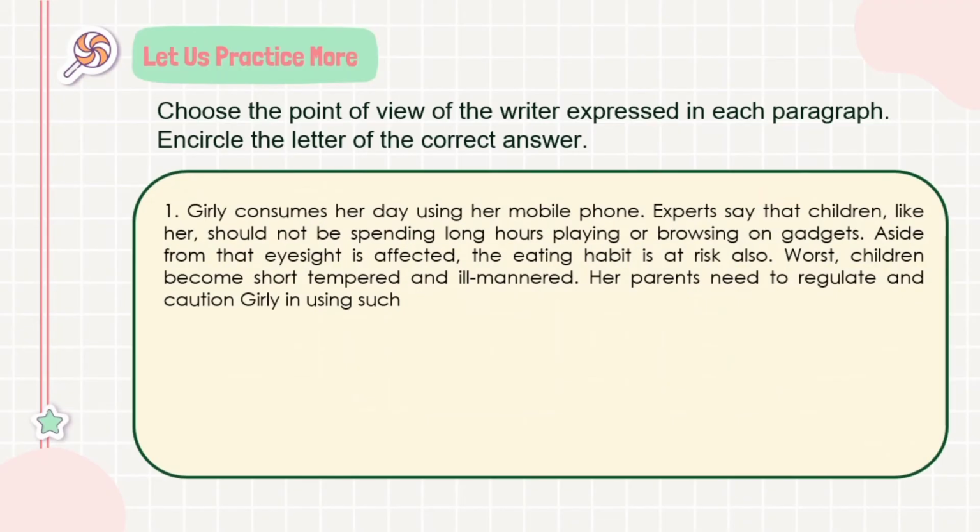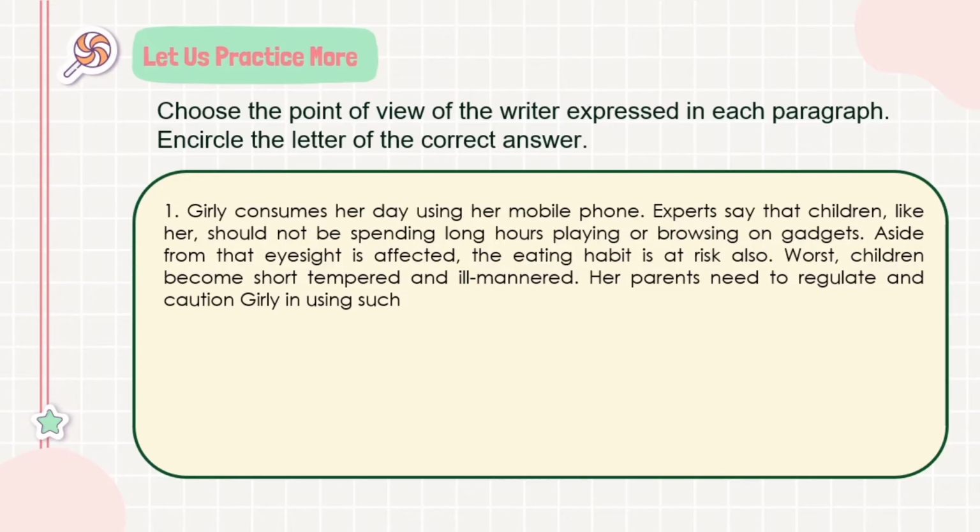So for number 1, Girlie consumes her day using her mobile phone. Experts say that children like her should not be spending long hours playing or browsing on gadgets. Aside from the fact that eyesight is affected, the eating habit is at risk also. Worse, children become short-tempered and ill-mannered. Her parents need to regulate and caution Girlie in using such.